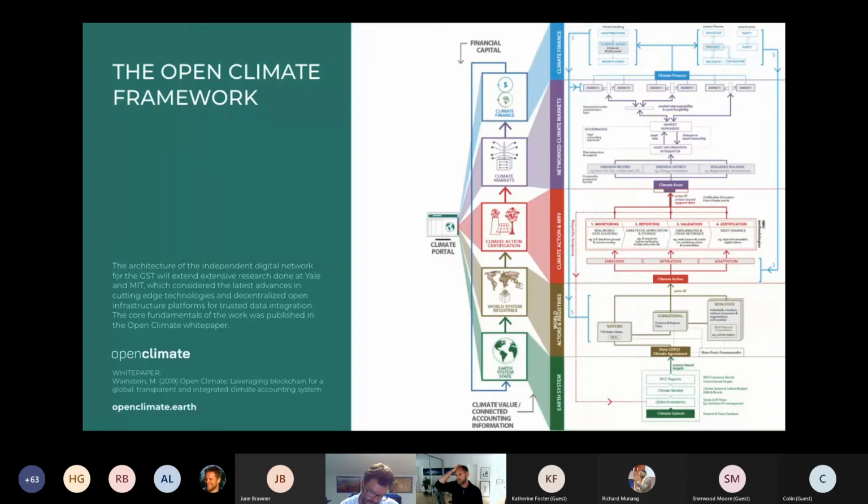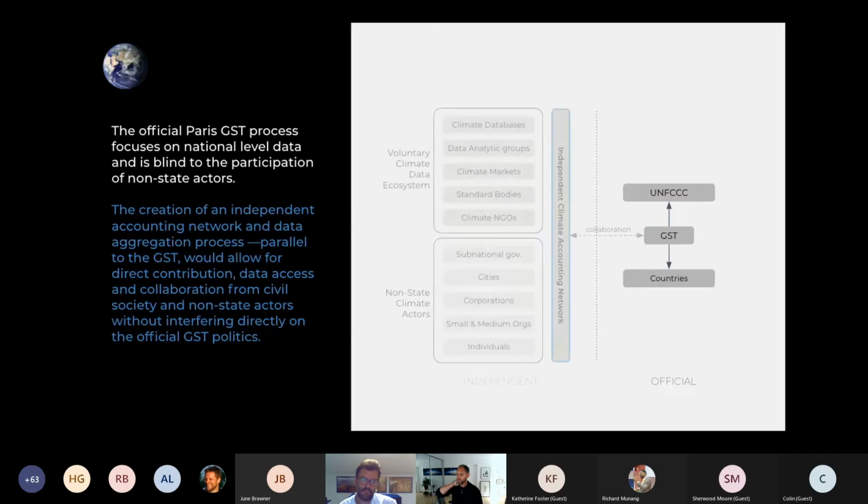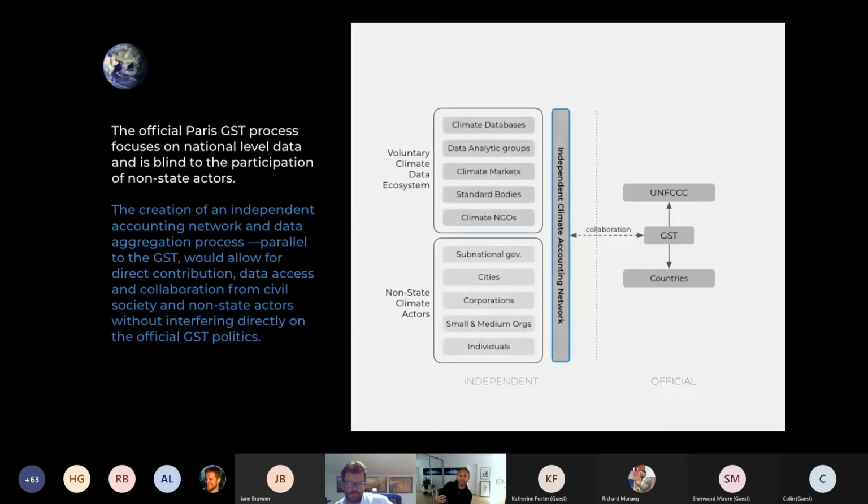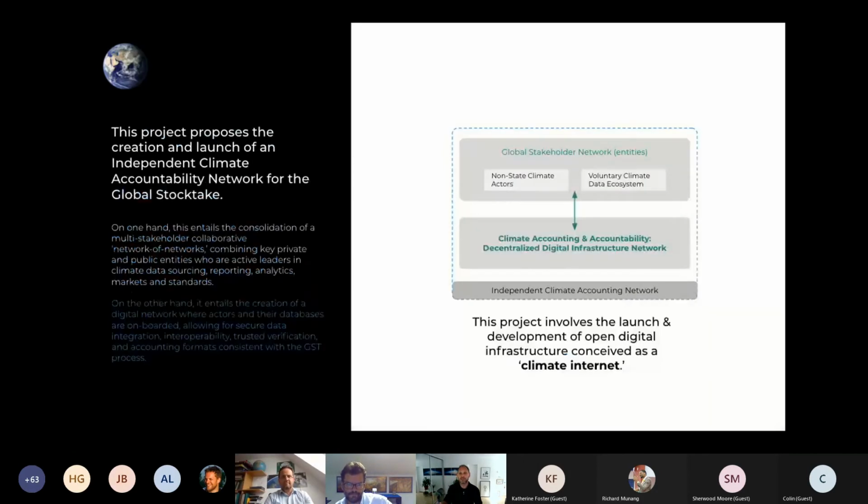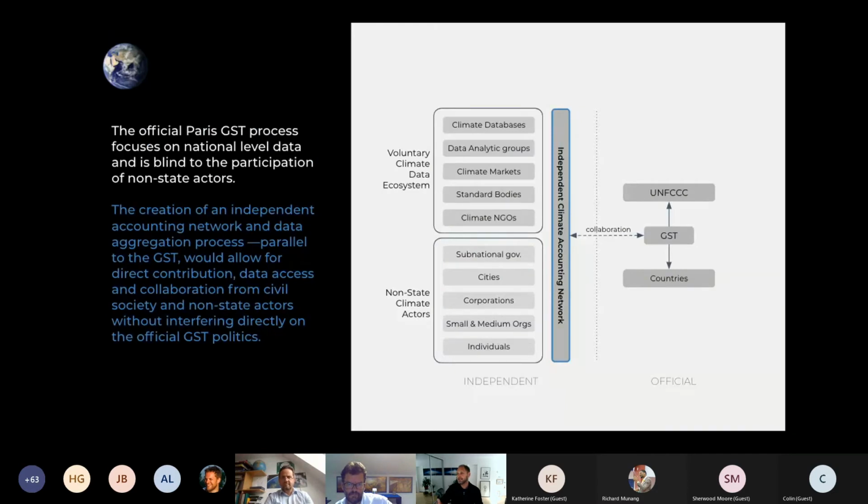So slide 32 shows on one side that, of course, we have the official process, which is strictly a relationship between sovereign nations, countries, and the UNFCCC through the global stocktake. But the proposal is to think about independent climate accounting systems. So one that could bring in all the non-state actors and the voluntary climate data ecosystems together, because their ability to come up with more innovative structures is a lot more nimble.